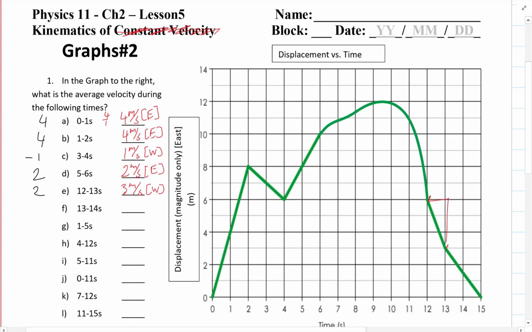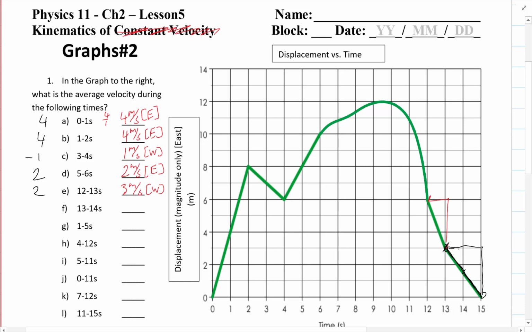For F, 13 to 14, it's a slope of, that's an interesting one. Is this exactly in a half? It's tough to say, but let's take the longer version of this, and this goes all the way from 13 to 15 over 2 seconds, so that slope for that last 2 seconds is the same as the slope from 13 to 14 and 14 to 15.